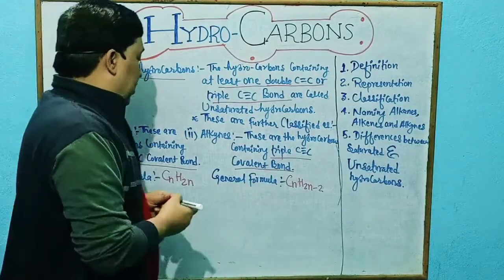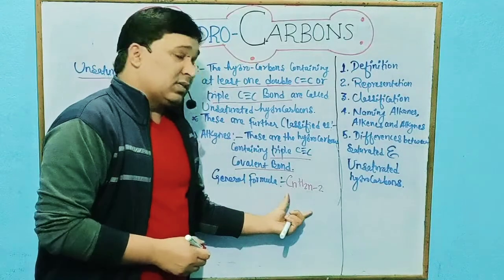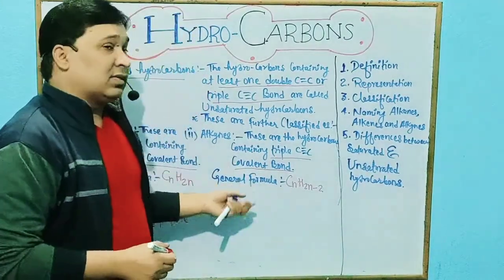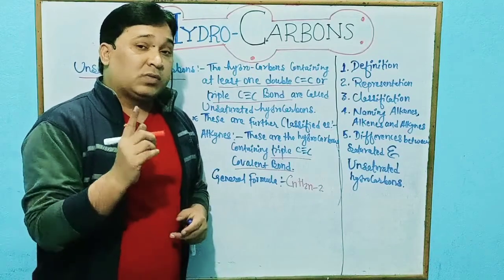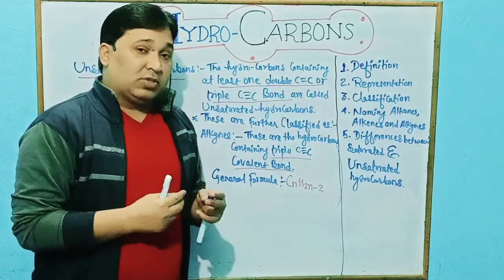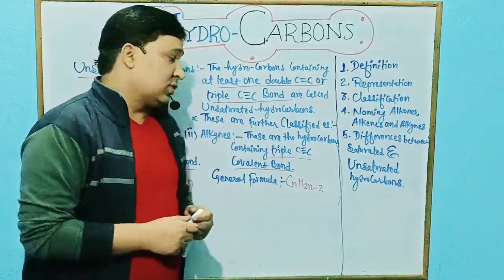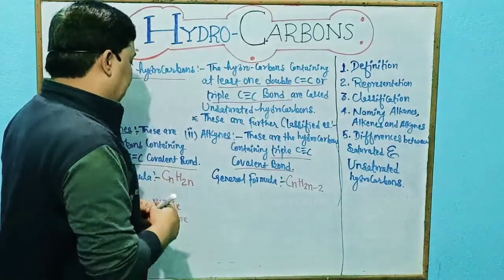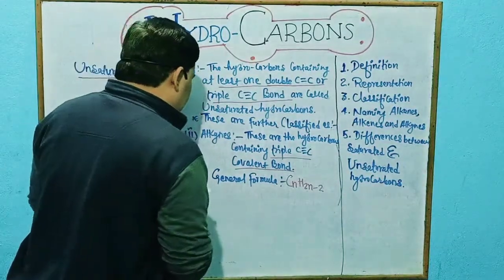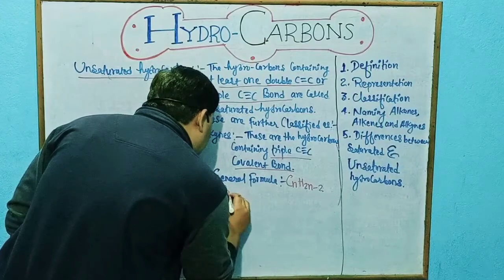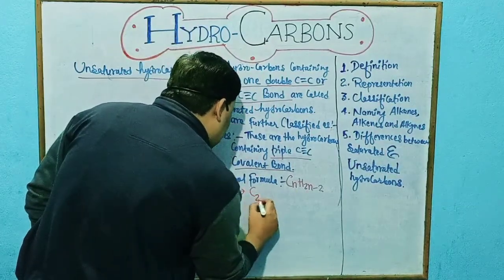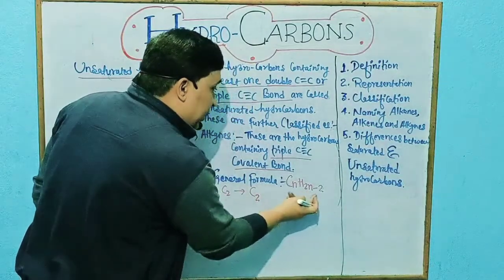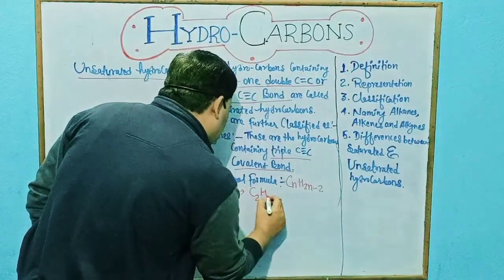Similarly, the members of the alkynes group start with 2 carbon atoms. Why? Because there must be at least one triple covalent bond between 2 carbon atoms, so it also starts from the second. When the number of carbon atoms is 2, the formula is C2, and 2 twos are 4 minus 2, that is 2, so H2.